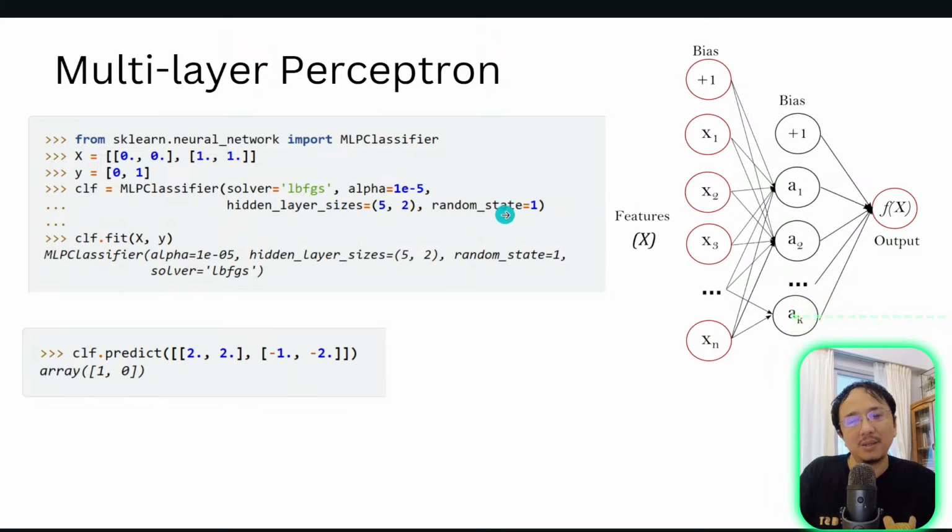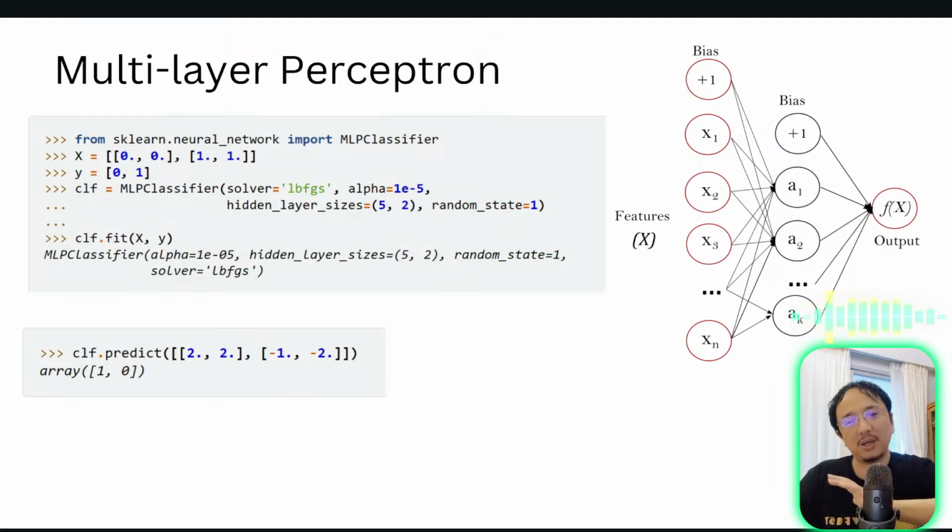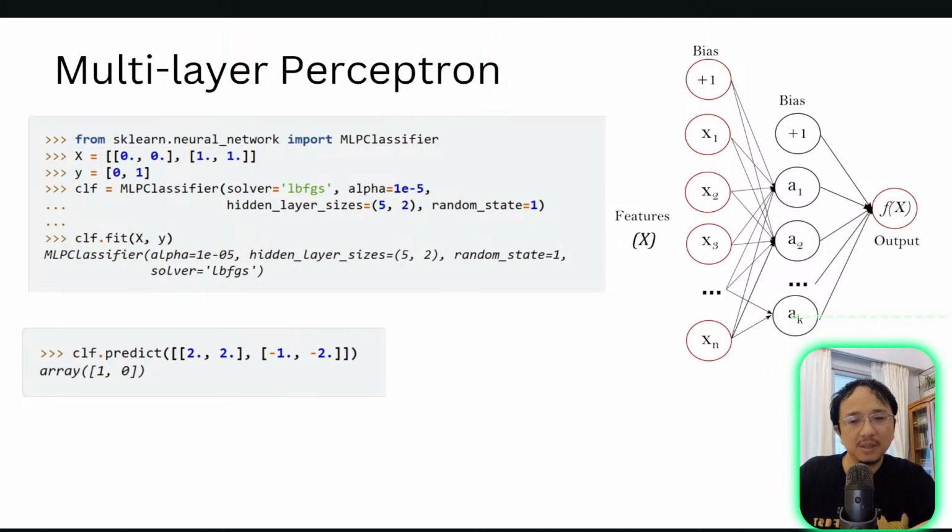L-BFGS is, I think, a semi-quadratic optimization method, in contrast to linear methods like gradient descent or gradient based methods.